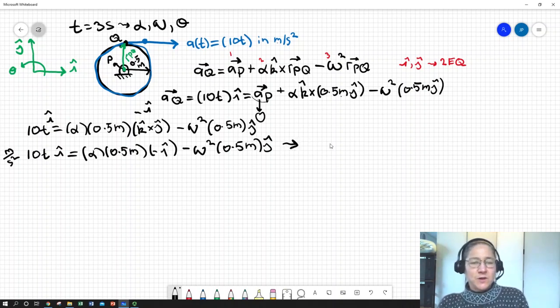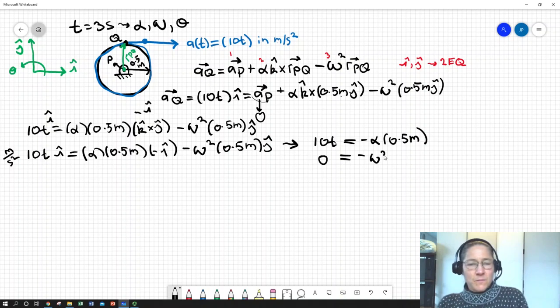So let's collect some terms. We'll start with the i hat direction. So we can say 10t equals negative alpha times 0.5 meters, and then we can say 0 equals negative omega squared times 0.5 meters.